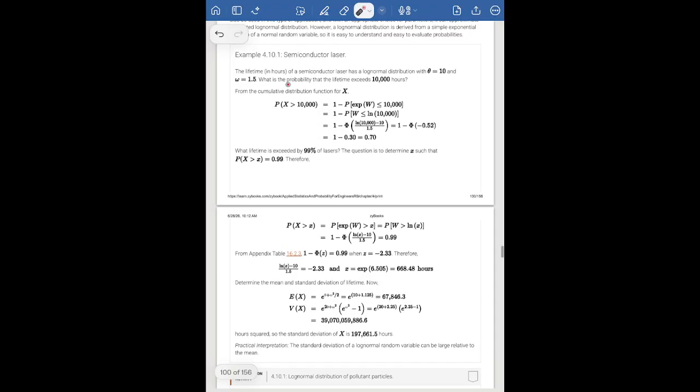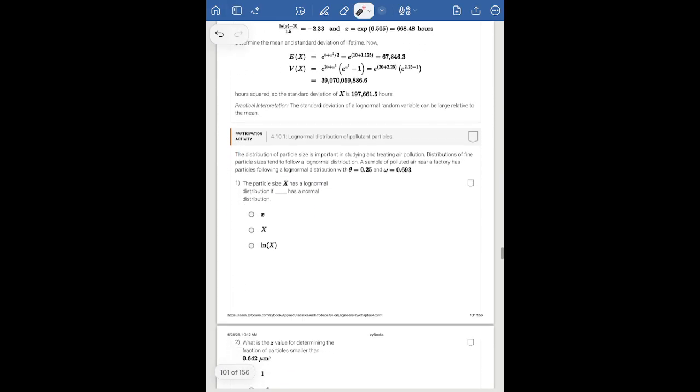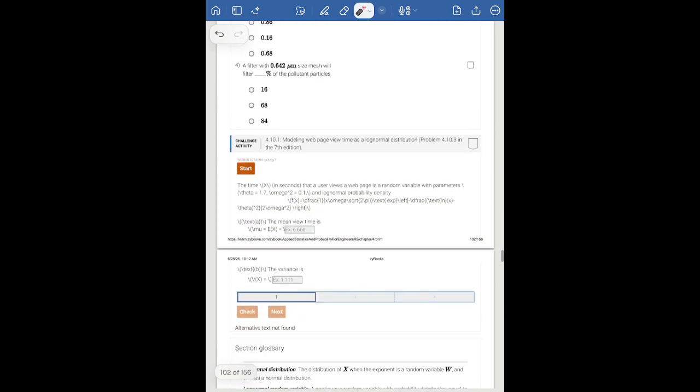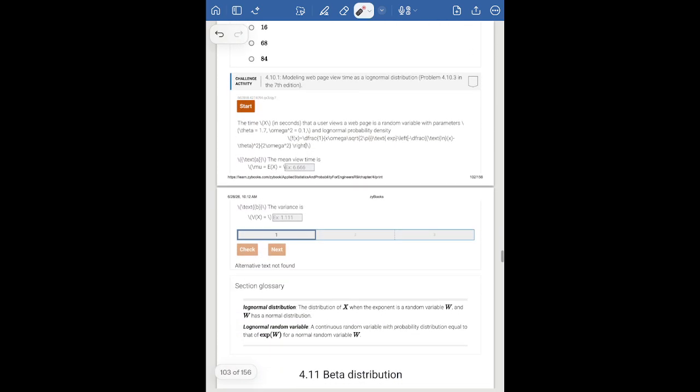In this case, they're looking at the probability that lifetime exceeds 10,000 hours. If you're given the mean here, and the standard deviation here, you can use the formula to come up to a result that we're looking for. These are examples that you can follow through, of course. This makes more practice questions.